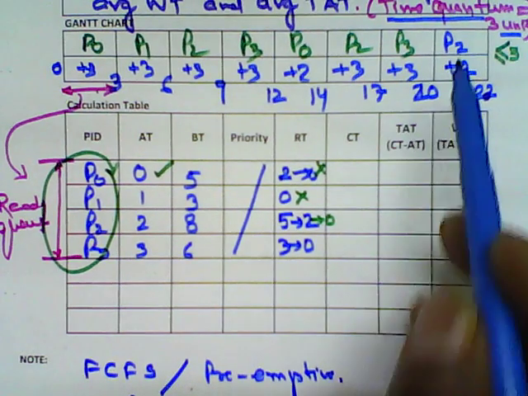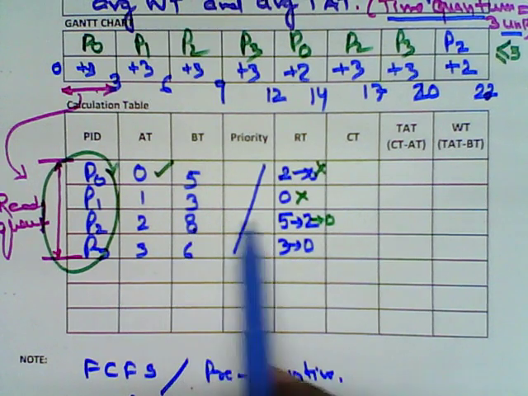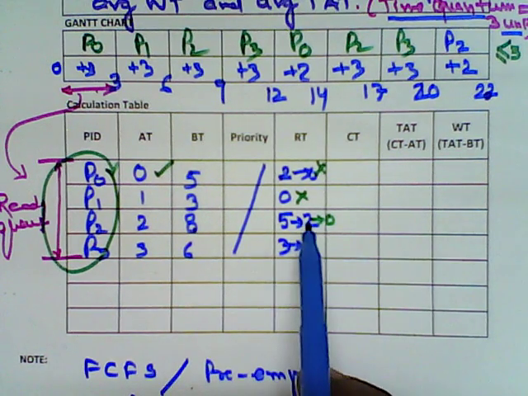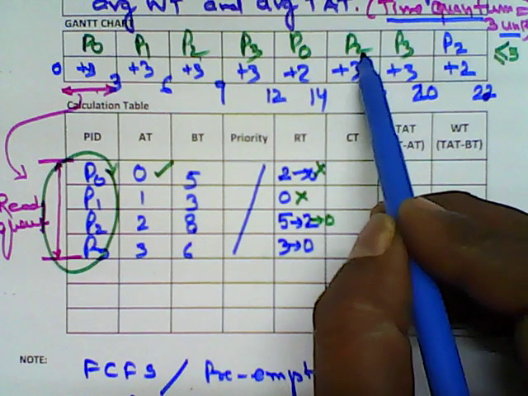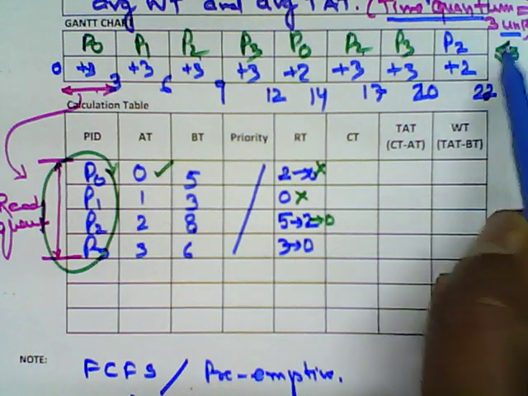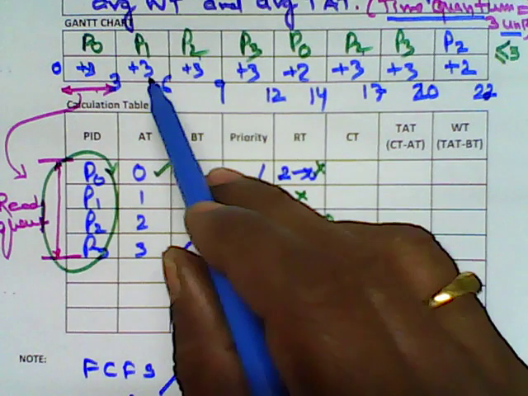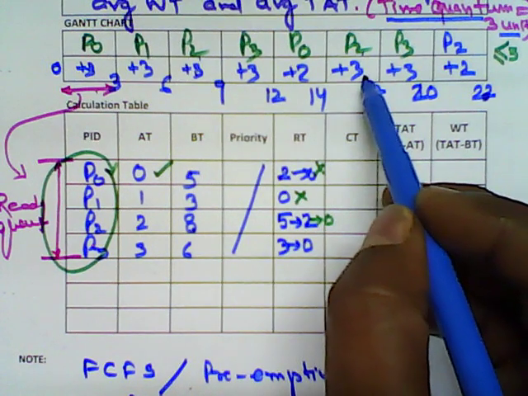One time here, 2 times here, and 3 times here. So here we are having 3 plus 3, 6, and plus 2, and it becomes 22.